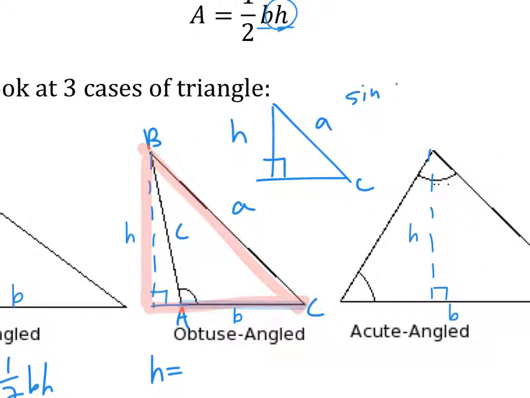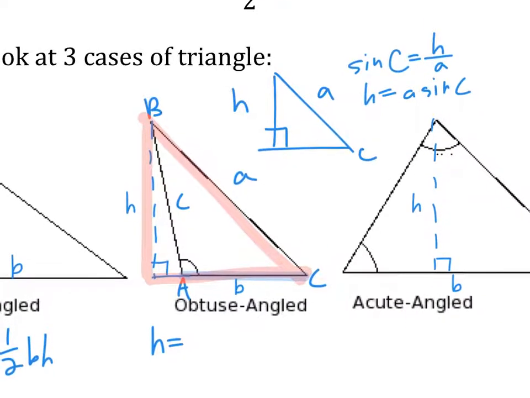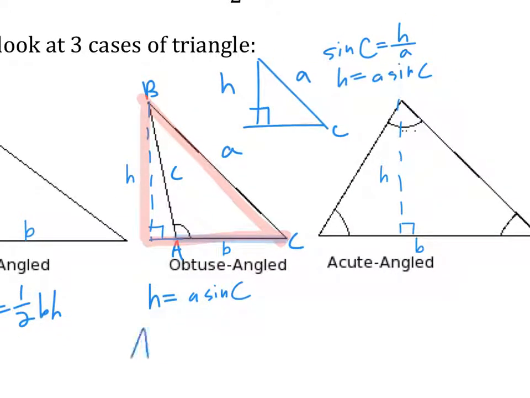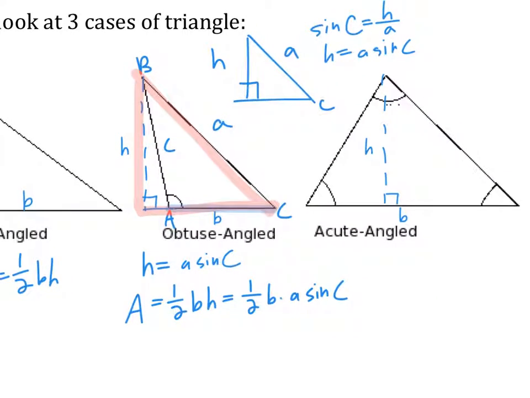Okay, so sine C is equal to H over A. So what is H? A sine C. So area, 1/2 base times height, but we don't know what height is, so it's going to be 1/2 base times A sine C, which is 1/2 AB sine C. So I am basically deriving the formula for you guys.